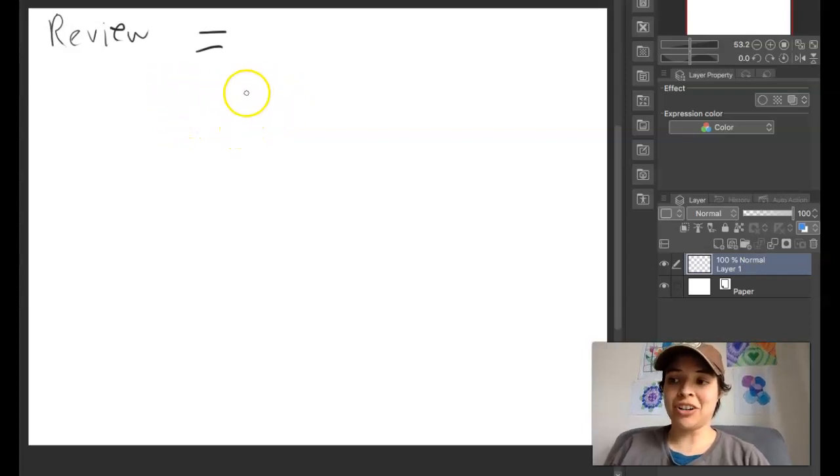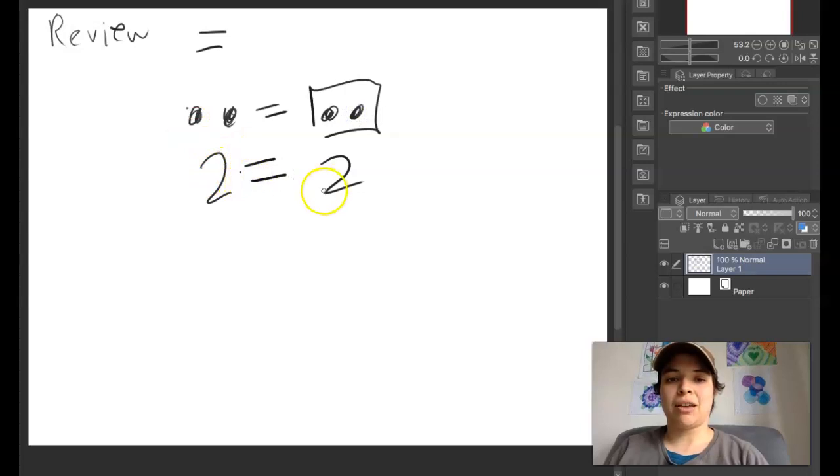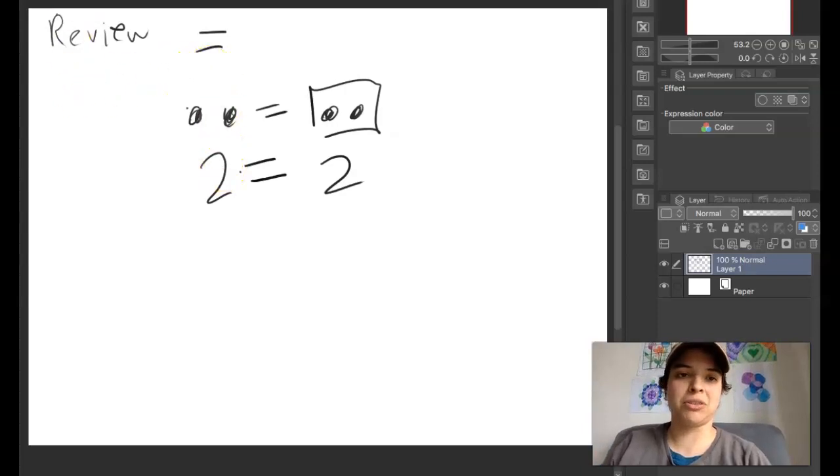So if cookies are being handed out, if this person gets 2 cookies, then obviously on the other side, if it's unknown, we know that if we have 2 over here, we eventually want to have 2 over here, because you want that to be the same. 2 is the same as 2. And that's fair. And that's what we want. So we want it to be fair every time. So that's what our equal sign is about.